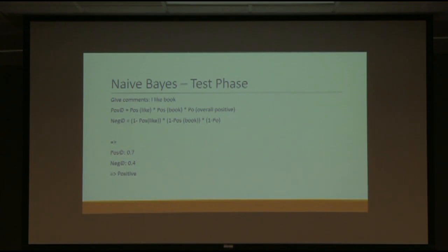It means positive. Why? Because 0.7 is greater than 0.4. The probability of positive is higher than the probability of negative. So I will say "I like book" is positive. Although I'm stupid, that's the way the algorithm works. And if it gets a ton of data, the more data it has, the more accurate the answer.